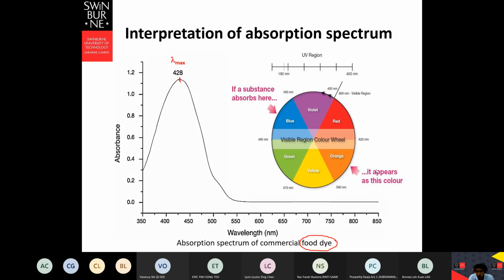Chelsea says it is the wavelength absorbed. Yes, I think we discussed that already, right? So can anybody tell me why some compounds will absorb light? Why would it absorb? Can anybody answer the question? If not, then I'm going to call everyone one by one.